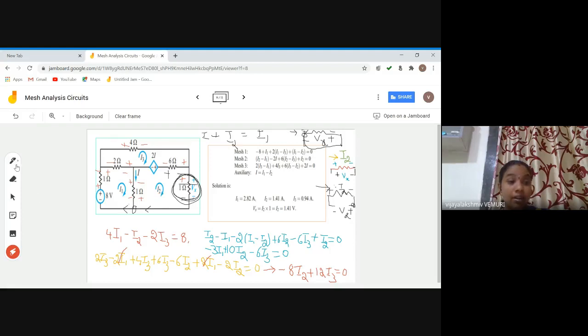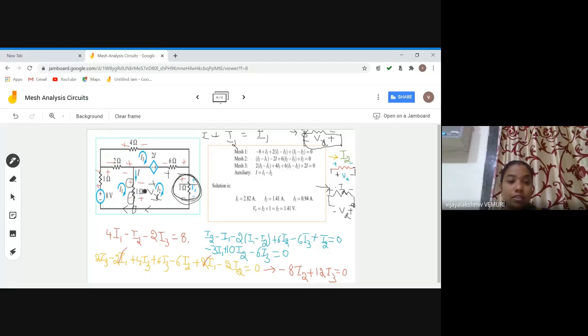For example, if you are given sign convention for Vx like this, here you are asked now. So what will be your value? Which terminals are same as that of this Vx? If you just observe, which terminals are same? This side terminals, isn't it?